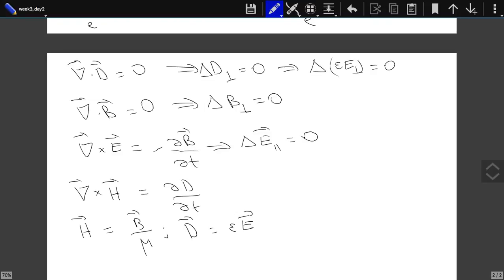And similarly, this equation tells me that the change in the parallel component of the H field should be 0. But this tells me that the change in the parallel component of B over mu should be 0. So if mu changes from one side of the surface to the other side of the surface, the parallel component of B should either be 0 or it should also change discontinuously.